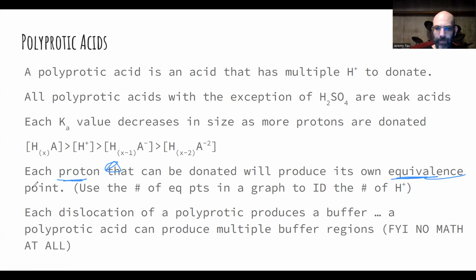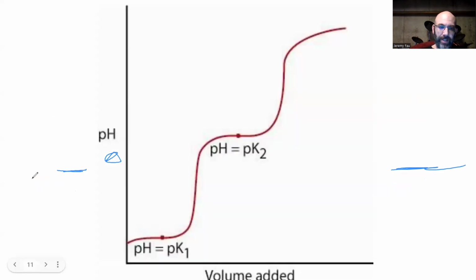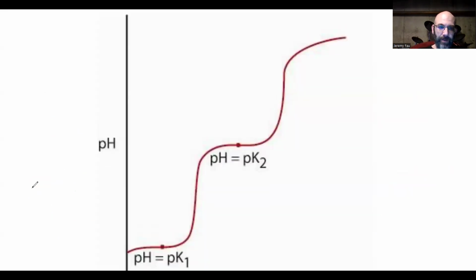There's no math ever with a polyprotic acid. So if I look at this, I have an EQ point and an EQ point. So I donated 2 protons.